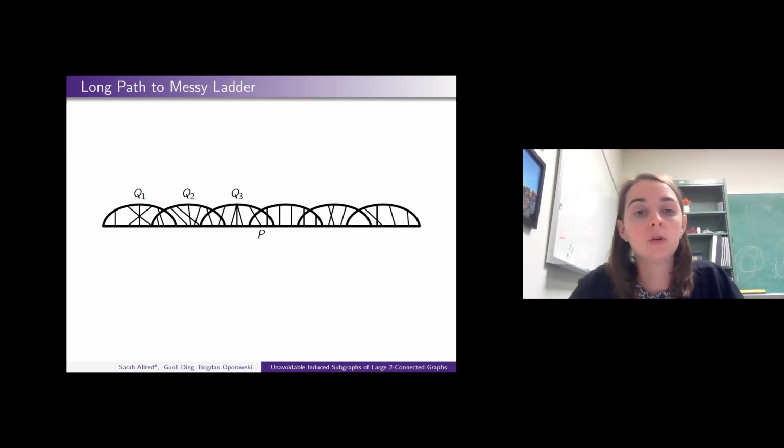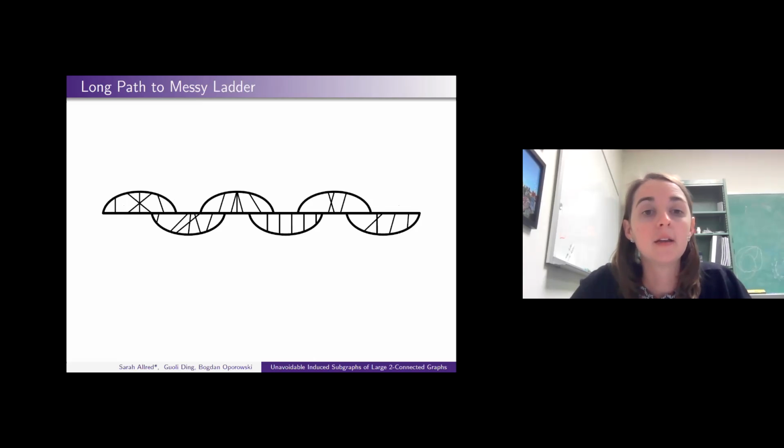The next thing we're going to do is I am going to redraw this graph like this. So what happened is I moved every other Q and that bridge just down. So now we can kind of start to see there may be some type of ladder structure here. The graph is exactly the same. It's just now in an easier form to look at.